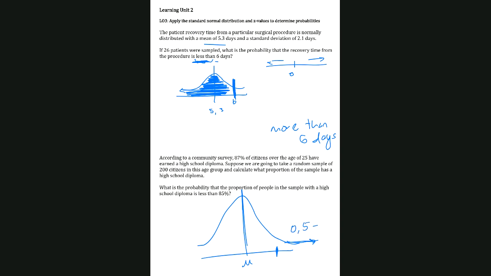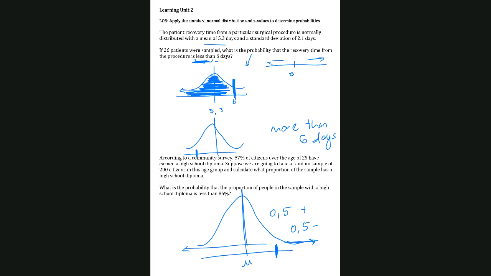If it was here on the right-hand side, like in this example we're looking at, and they said that it is less than, which means you're moving in this direction, the rule then is 0.5 plus. The same would apply if you had the exact same diagram, but now your value is on the left of that central line.